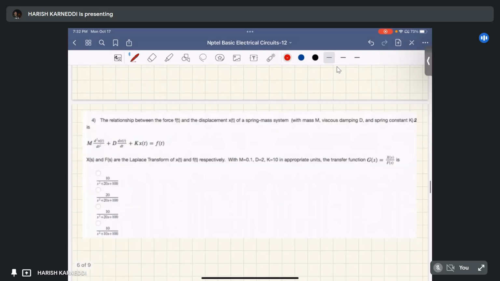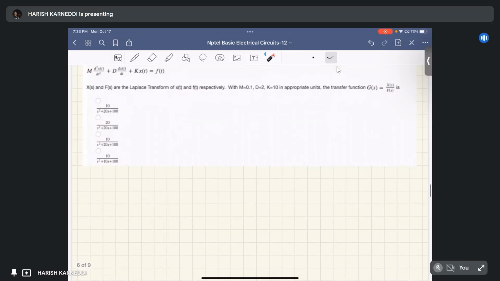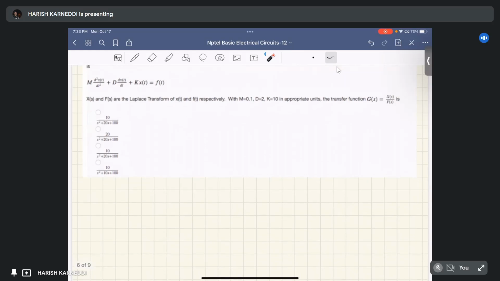We're moving to the next question. The relationship between the force f of t and the displacement x of t of a spring mass system with a mass m, viscous damping d, and spring constant k is given by the equation: m d square x of t by dt square plus d dx of t by dt plus k x of t equals f of t.